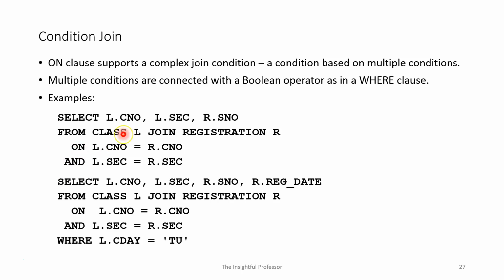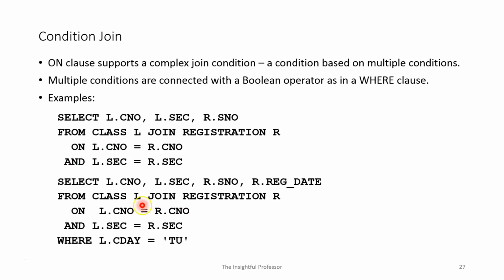So we're saying I'm going to join class, which consists of CNO and SEC for its unique identifier, with registration, which consists likewise of CNO and SEC for its foreign key, and we want both CNO to be equal and SEC to be equal from the different tables. So we use AND to combine the two simple conditions, and we put this complex condition in the on clause, similar to what we've done for complex predicates for single table operations in a where clause. So we're doing that quite naturally here.